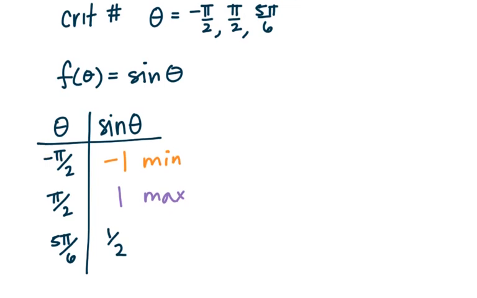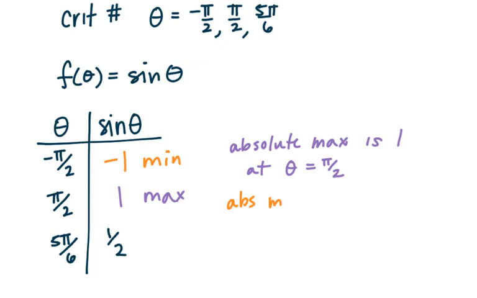So what we can say is the absolute max on this interval is 1, and it occurs at theta equals pi over 2. And the absolute min is negative 1, and that occurs at theta equals negative pi over 2.